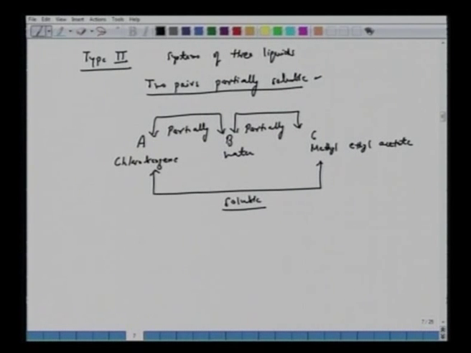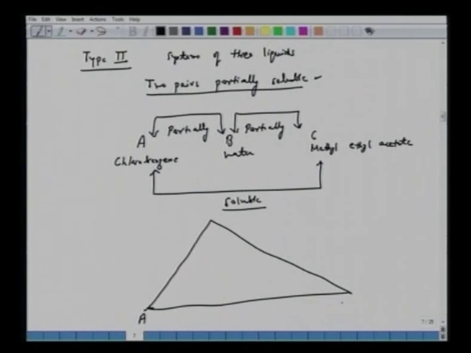Okay, and more important here is to draw this type of phase diagram or understand what we mean by 2 pairs being partially soluble. So again we start with the equilateral graph. We have A, B and C. Now we are saying that A and C are completely soluble, so we do not have any phase separation here.